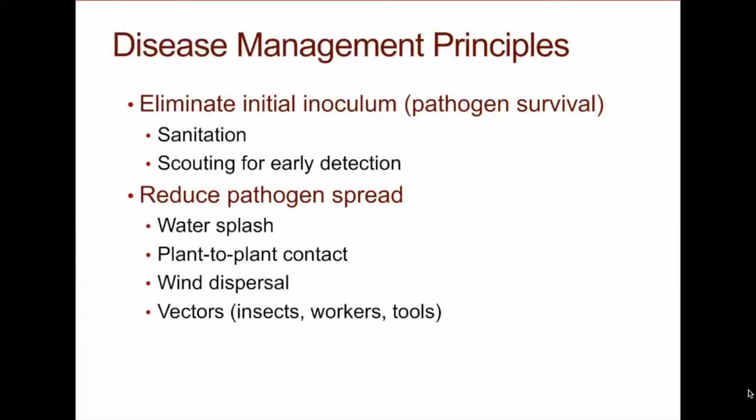So what we could do is that sanitation and then scouting for early detection on that, and that's going out every single week. If you do have your own greenhouse or plant propagating facility, you go even every single day, have someone that is designated to go out there to check for different diseases that may be arising. Either every day, every other day, every 3 days, depending on what crop you have.